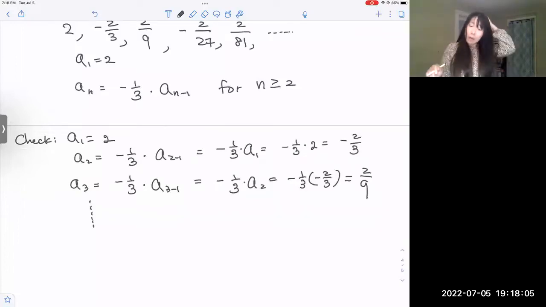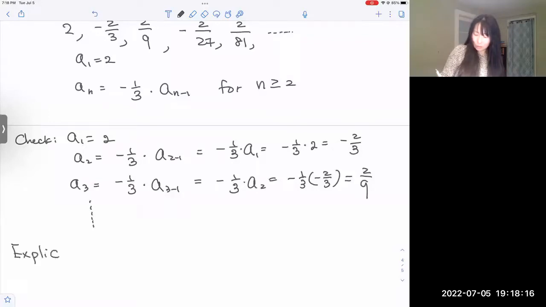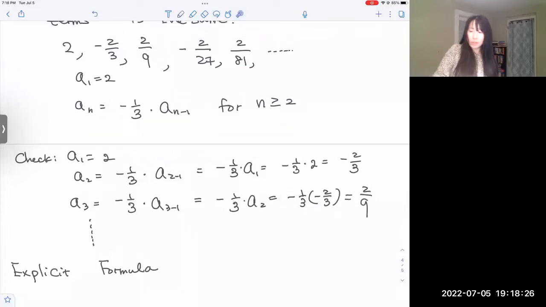Now, the explicit formula for this one. Look, can you see that the first term is 2? So we're going to make a 2.